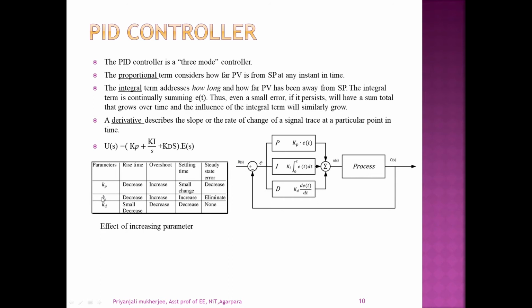And for both Kp and Ki, if these increase, the overshoot increases, whereas using Kd, the overshoot decreases. And for the settling time, if we increase the Kp value, there is a very nominal change, but with the integral term, the settling time increases, whereas due to the Kd term, the settling time decreases. So this is the overall effect of increasing these parameters on the rise time, overshoot, settling time, and steady state error.